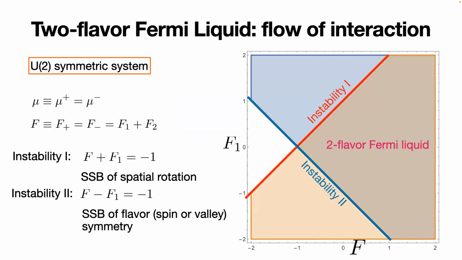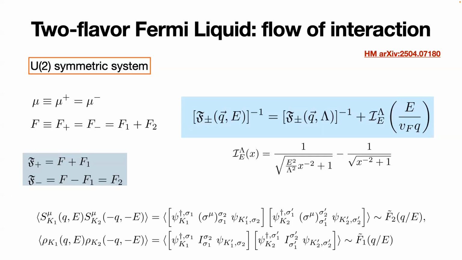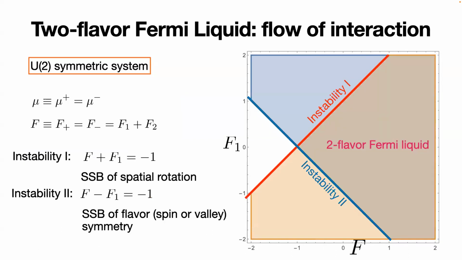Okay, then if all the effective interactions and correlation functions are finite, we are inside the Fermi liquid phase. But once one of them becomes singular, we can encounter the instability out of the two flavor Fermi liquid phase. There are two possibilities now. So that means we have two instabilities.